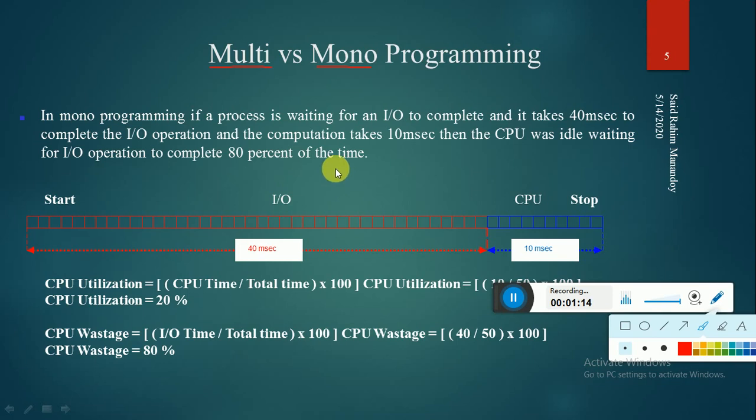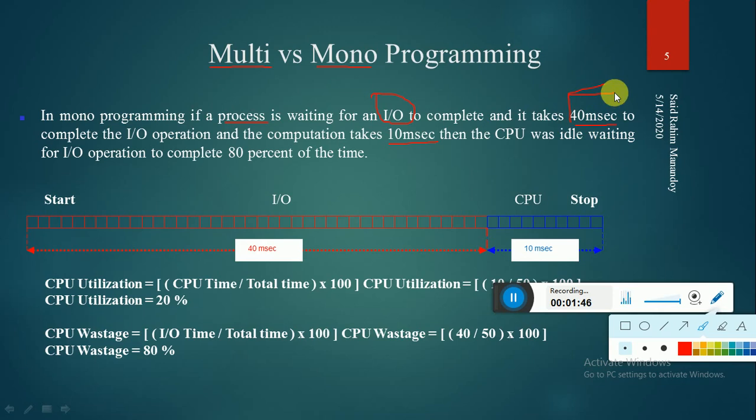Here is an example. This example says that there is a process which takes 40 milliseconds of input output or IO devices, and the same process needs 10 milliseconds of CPU to complete its operation, meaning that this program requires 10 milliseconds of CPU for its execution and 40 milliseconds for input output devices.